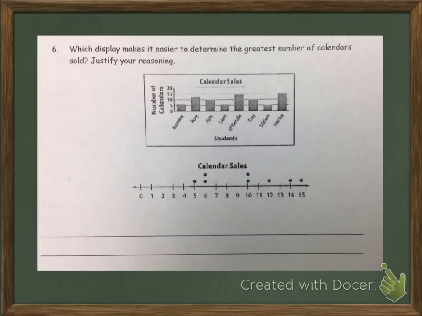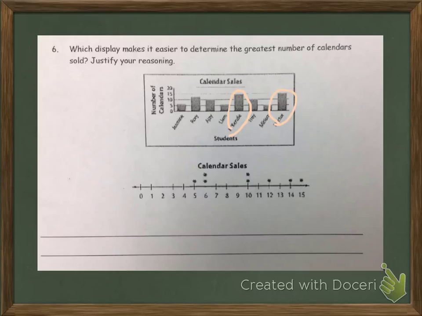Which display makes it easier to determine the greatest number of calendars sold? Justify your reasoning. So I just really want you to see the difference here. We have of justifying the most, because recently we've said most is dot plot. But if you look here, I don't want you to get confused, because we could see that we have some modes right here in this bar graph, but a dot plot is going to show the greatest value as a number rather than the bar.